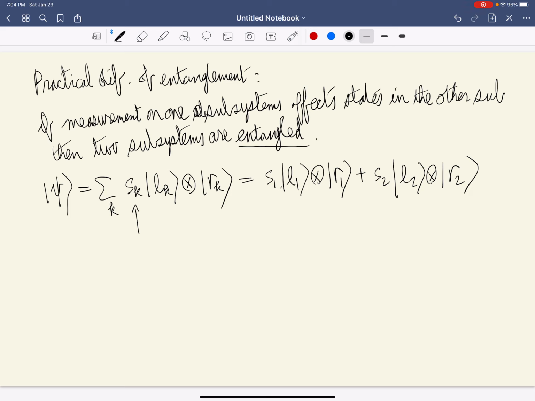So again, when you do a measurement on the left side of the system, depending on whether the measurement outcome is L1 or L2, the state on the right-hand side of the system becomes either R1 or R2. Again, what you measure for the left system has a direct consequence on what the state is on the right system. And that's all because we have more than one of these singular values equal to a non-zero number.